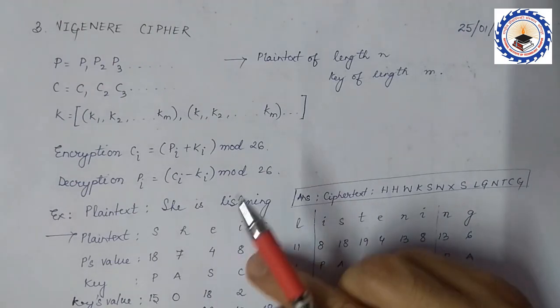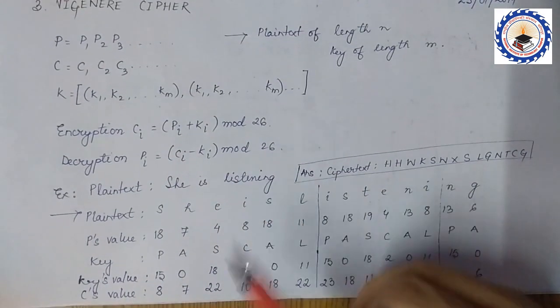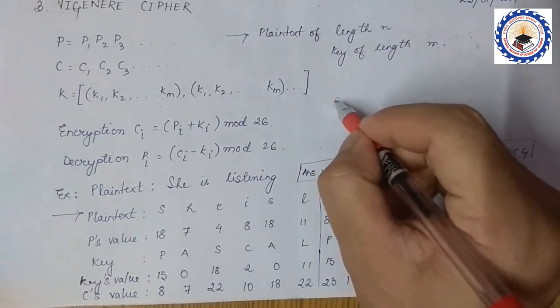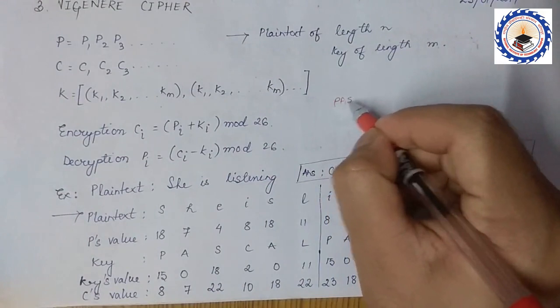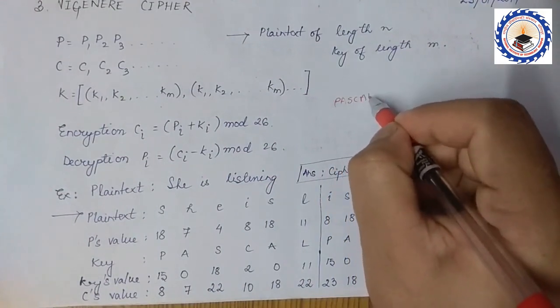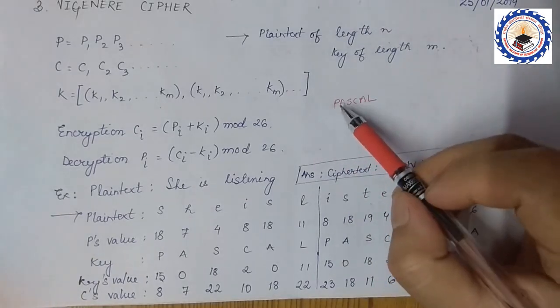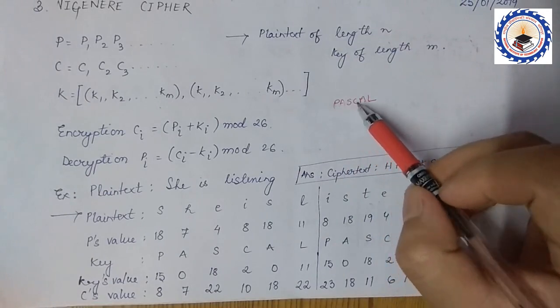For example, if you look at this example, the given key is Pascal. Pascal is nothing but a given word here: P-A-S-C-A-L. What is the length of the word? 1, 2, 3, 4, 5, 6.